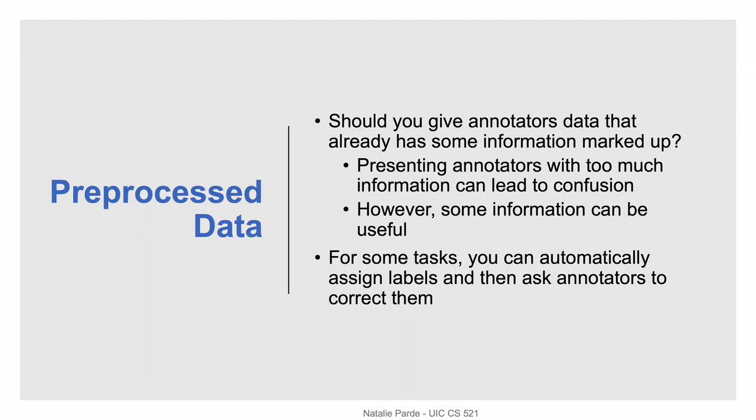But you may, for example, have access to a Twitter emotion detector that you could apply to your data set of Reddit posts that you are labeling for the same emotions. Annotators are generally able to fix mistakes more quickly than they're able to generate labels from scratch, so this can expedite your data collection process.